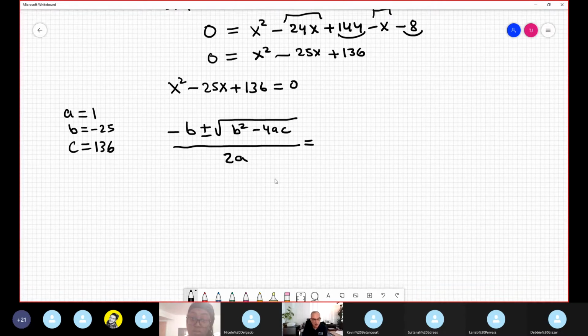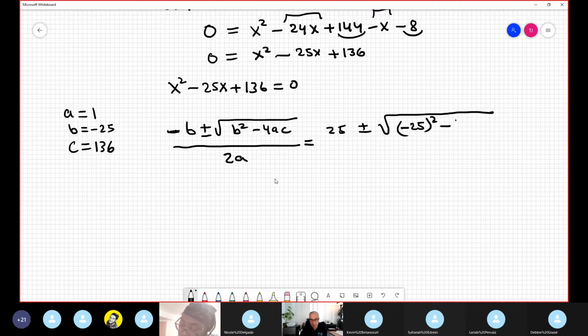However, the formula has a minus in the front here. Look, double minus becomes positive 25, plus or minus the square root of negative 25 squared minus 4 multiplied by 1, which is a, multiplied by 136, which is c. Everything divided by 2 times 1, which is just 2.